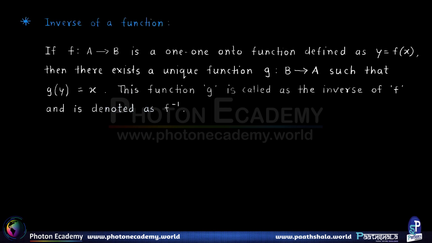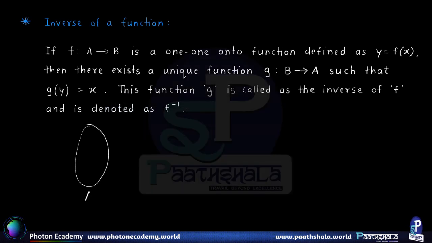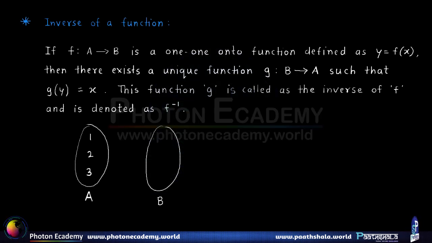Let us understand this definition with the help of one example. Let us consider a set A which has, say, 3 elements in it, that is 1, 2 and 3. And let's consider another set B which also has 3 elements, say 2, 4 and 6, and the function f is defined by connecting the elements as shown here.